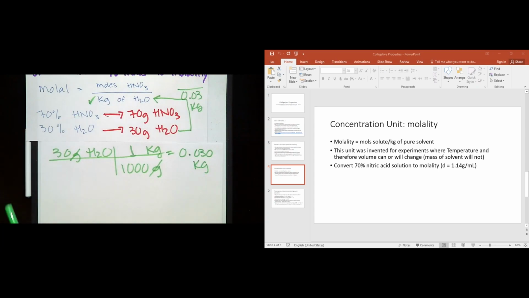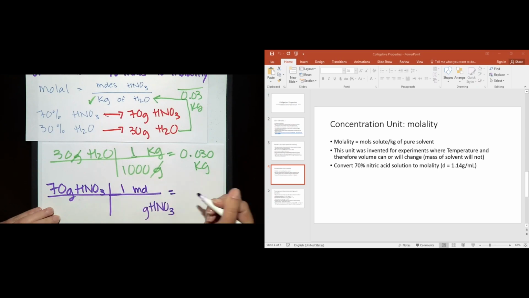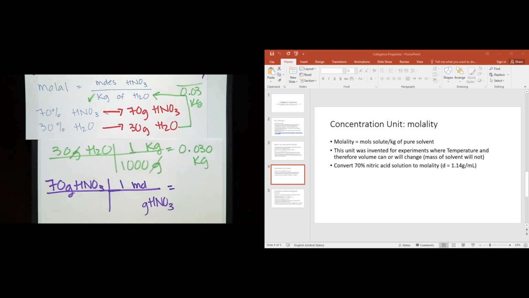Now we have to figure out moles. Well, if I have grams of something, I can use the molar mass, right? That's not too bad. All right, grams, how many in 1 mole? Oh, I'm going to have to use my computer calculator, aren't I?